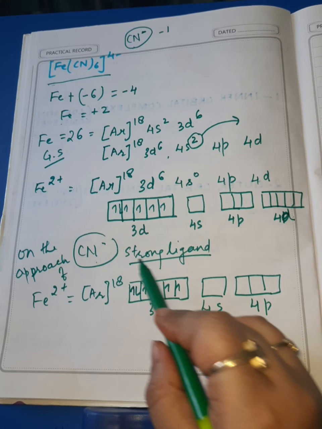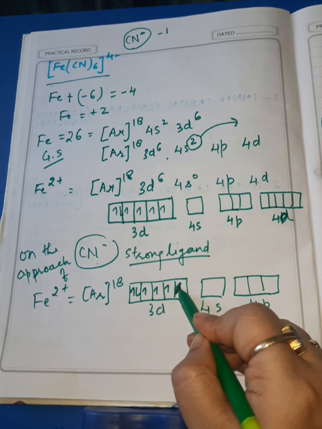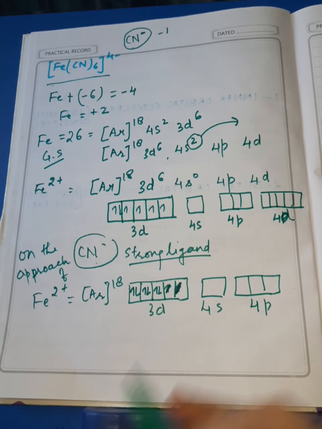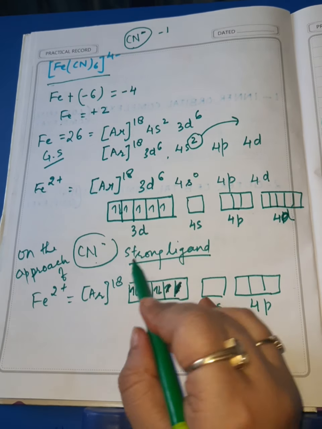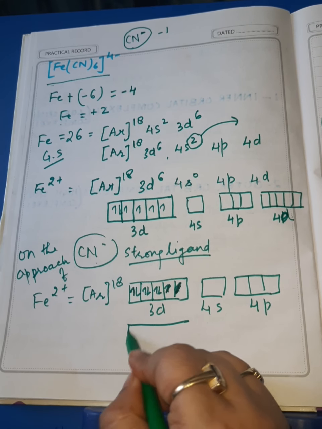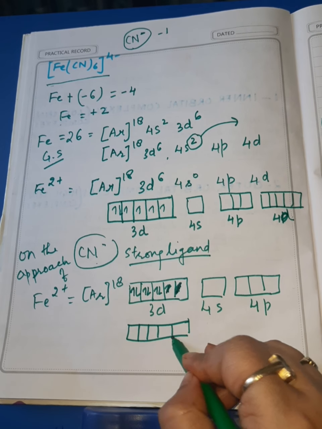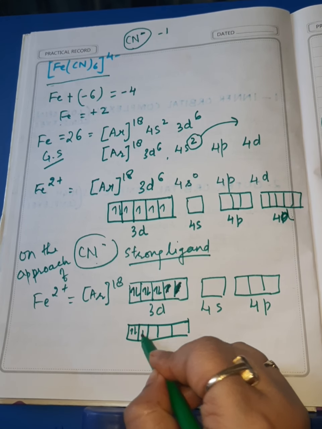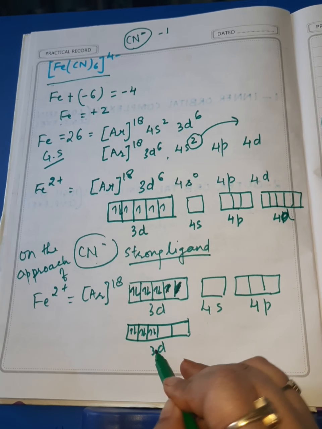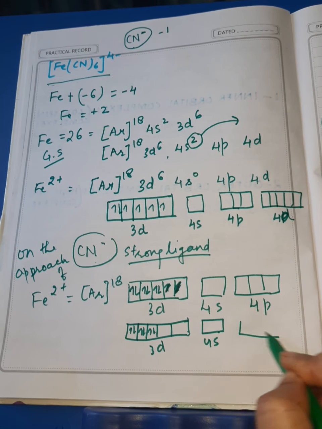Under the approach of a strong ligand, these electrons move from here and start getting paired up. So, under the influence of the strong ligand CN minus, the Fe2+ 3d gets 3 paired electrons and 2 of the 3d orbitals become vacant, along with 4s and 4p.